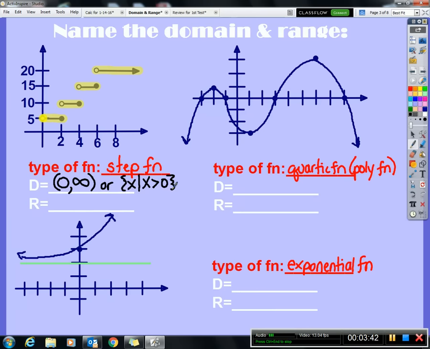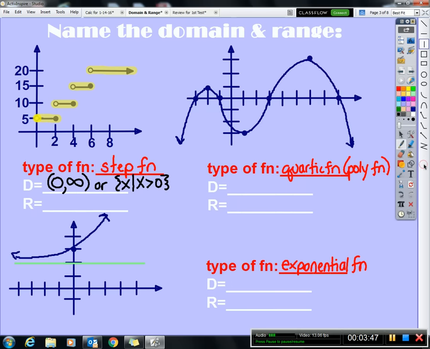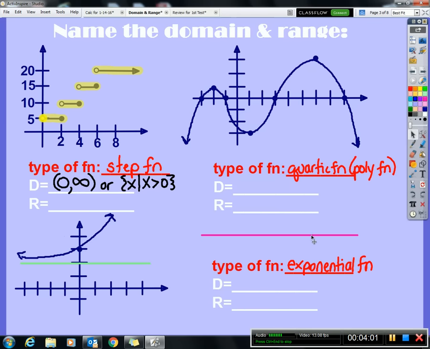And I notice on this one, I'm going to try something here and see if this will help you see what's going on. I'm going to use the pink line that I've just drawn just to show you what it looks like when I move from the bottom up.